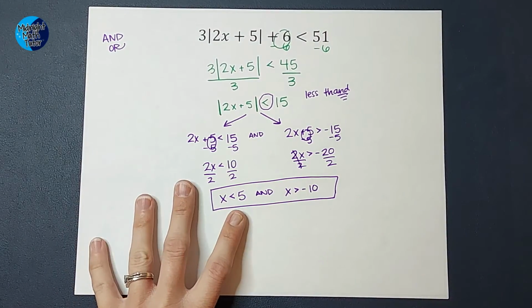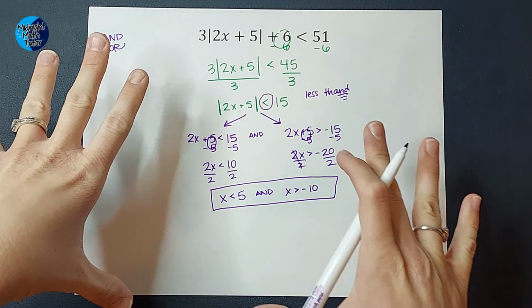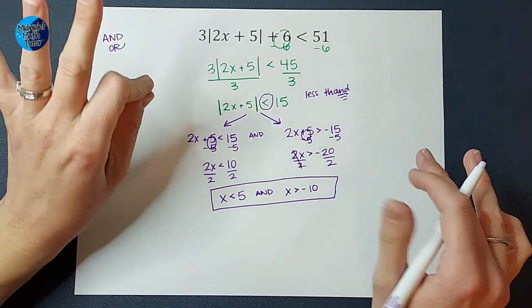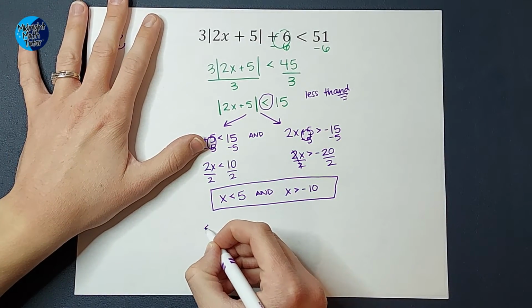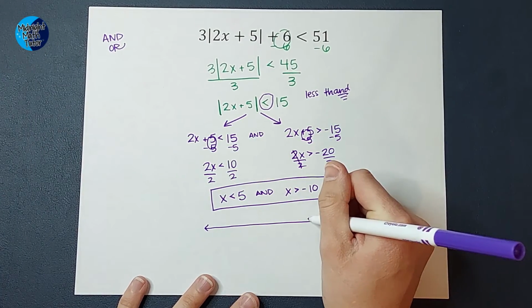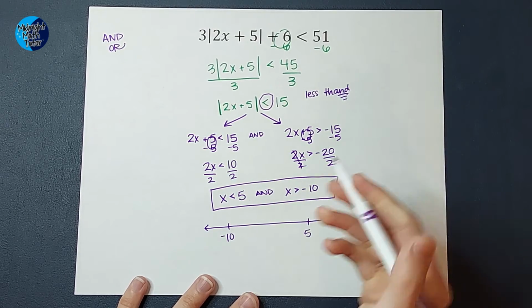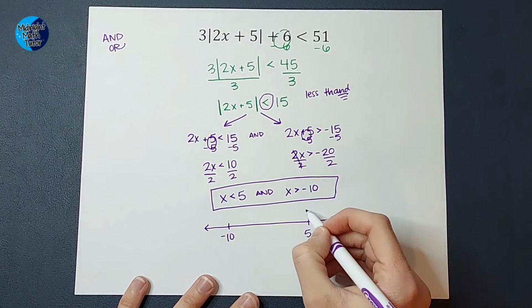You can always pick a number and plug it in and make sure it works. Another thing I like to do when I'm solving these is inequalities and number lines, they go very well together. They're like peanut butter and jelly. So we're going to look at this really fast on a number line. So we would have 5 here and negative 10 about here, right? So x is less than 5, okay?